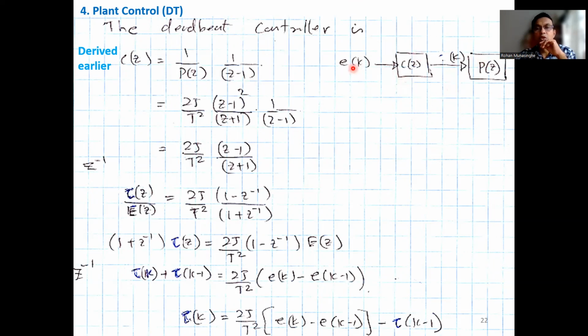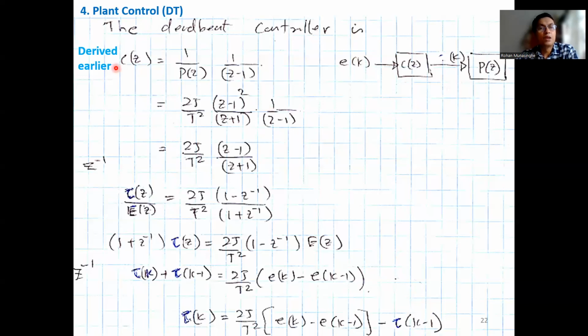You have some sort of error going to the controller, and the controller will produce a torque. And torque goes to the plant, and plant will generate something. Okay, this is how it works. But when you reduce it to one single block diagram, it will behave like this: you have input, reference input, z to the minus 1 block, and the output.